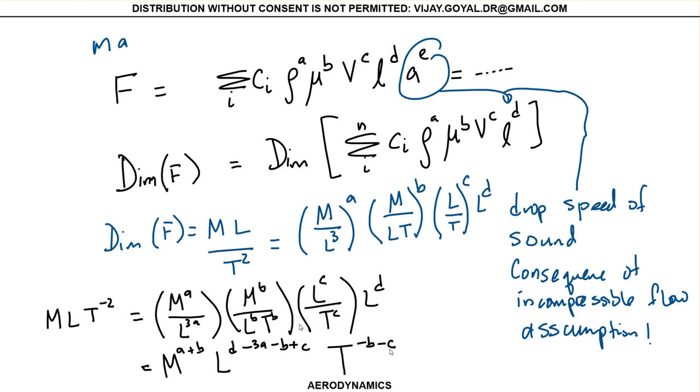Okay, so now what we're going to do is compare these coefficients with these coefficients. And what you can immediately see is that this is 1, so this has to equal 1. This is also equal to 1, so this has to equal 1.